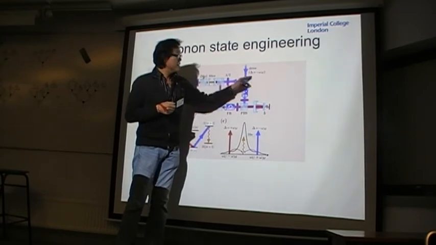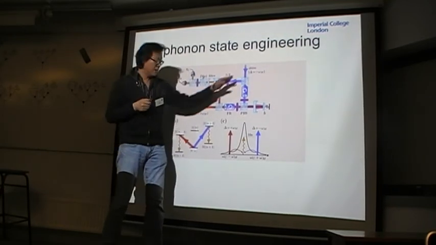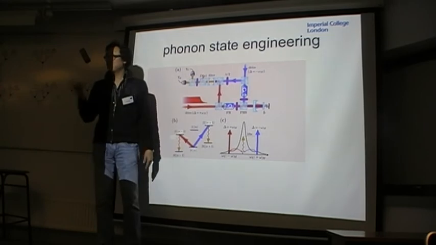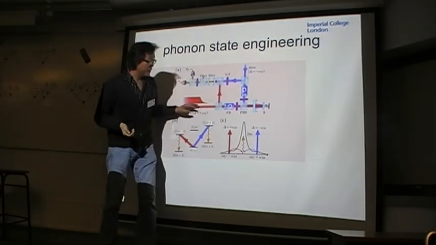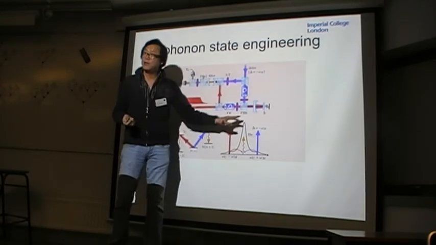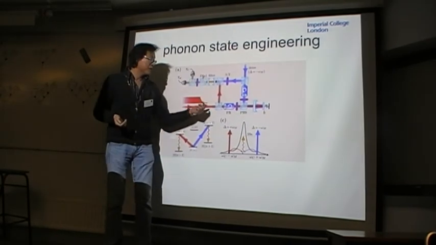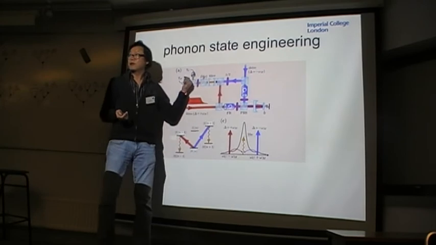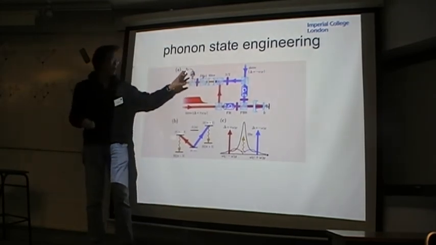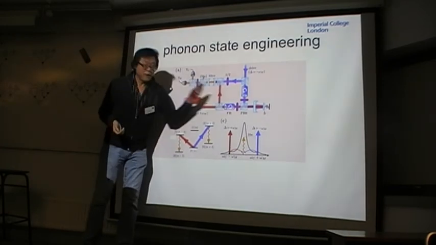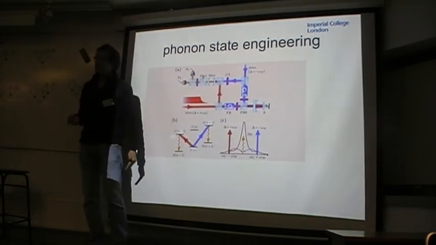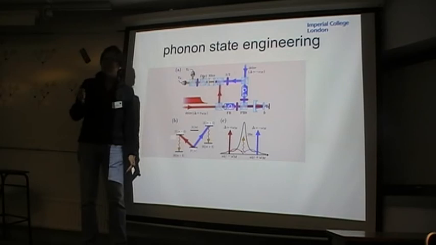That will give you addition, and that will give you subtraction. Those two light fields go into the cavity, and after the interaction, we measure the photonic field out from the cavity. That's what we do.